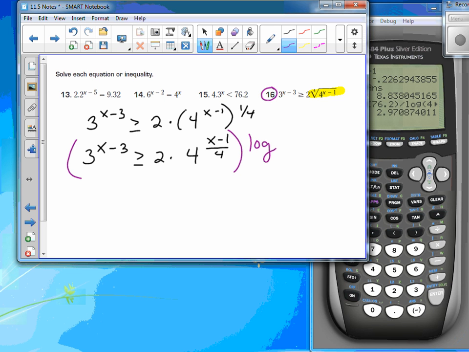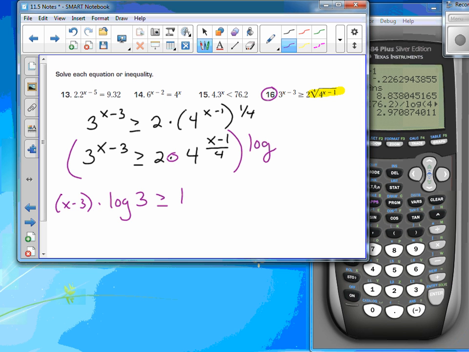Okay? So on the left-hand side, you have x minus 3 times the log of 3. But then on the other side, it's a little bit more work here, okay? We have two things being multiplied. If you think back to our log properties, when we condense, it resulted in you multiplying the log being added.